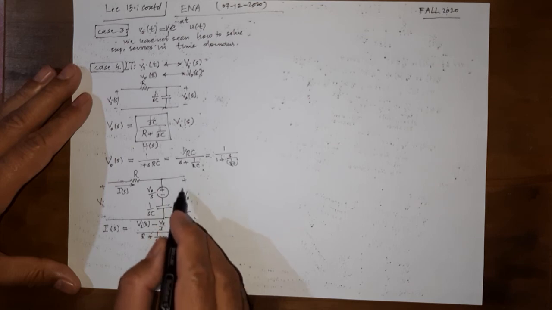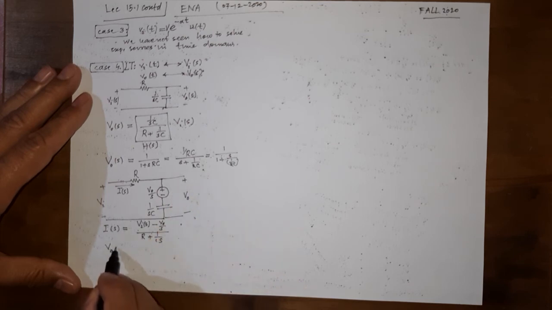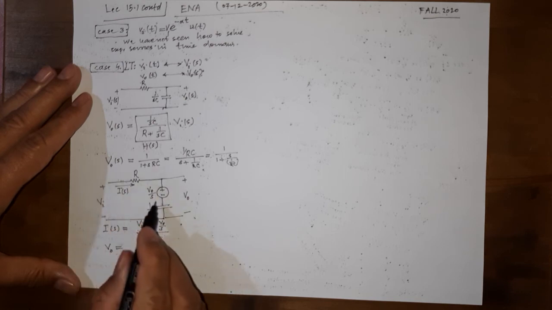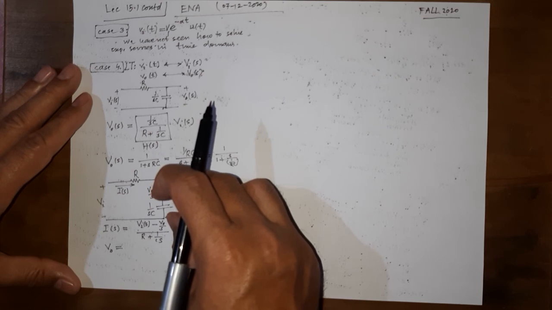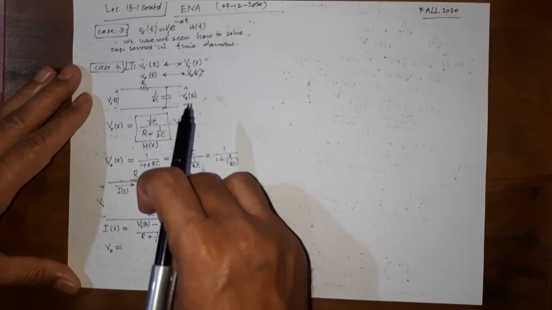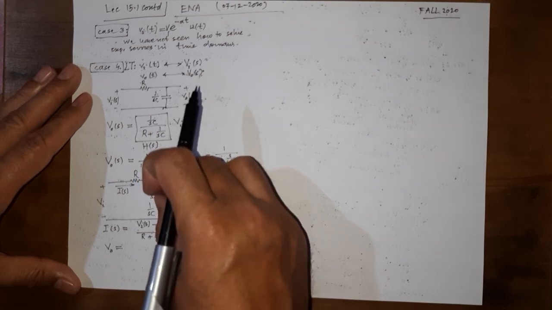And then we need to find this Vo. Once we know this Is, we know this Vo can be written as the voltage across this minus this voltage.